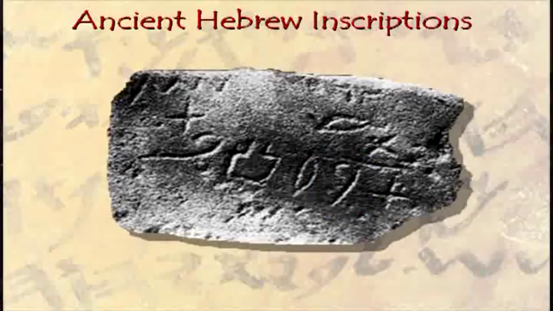A lamed and a tav. I believe this is Baalat. Mot le Baalat. Death to the feminine form of Baal. Baalat would be Mrs. Baal. That, by the way, is just an educated guess. There's really not enough information here to actually make a definitive translation, but that's pretty close.